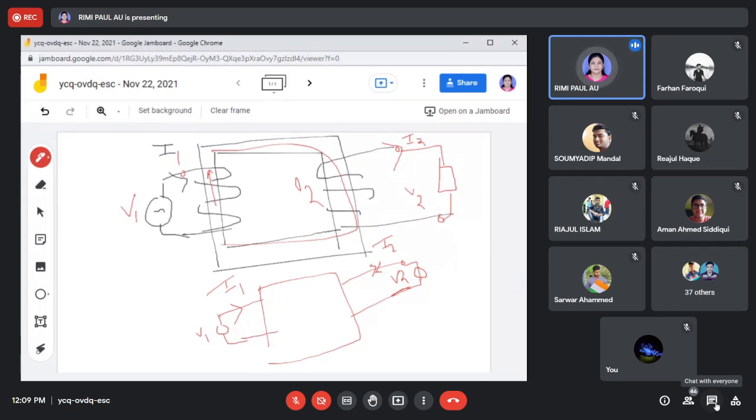And why is it a network? Because there is no active source. We are saying this part is the black box where we don't know what is present inside.